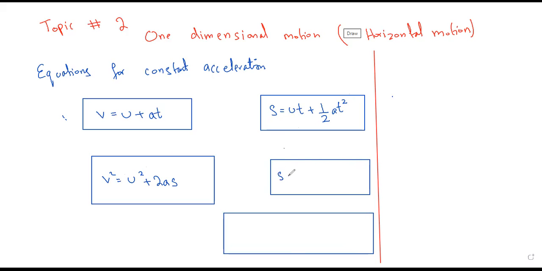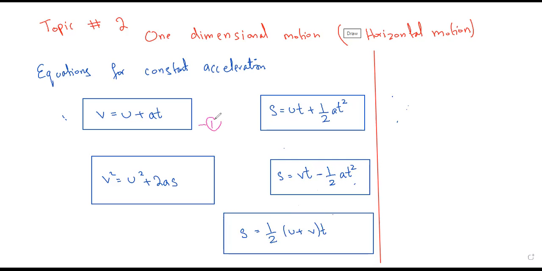This one is S equals VT minus half AT square. And then this one is S equals half (U plus V) into T. Okay.